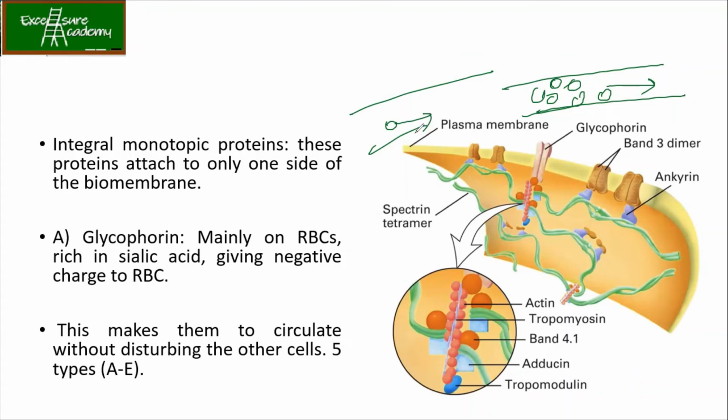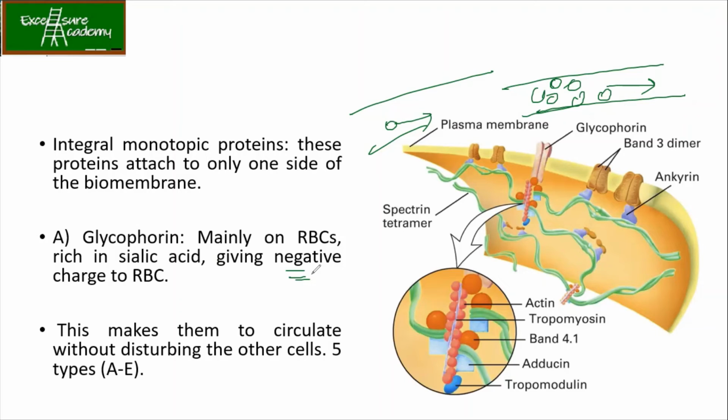If this negative charge was not there, then because of protein-protein interactions, the RBCs would interact with each other and form aggregates. Then the RBCs are not able to conduct their activity, right? वो एक जगह से दूसरी जगह नहीं जाएगा, वो ब्लड वेसल्स में एक ही जगह इकट्ठा हो जाएगा, एग्रीगेट बन के फॉर्म होके नीचे बैठ जाएगा. Are you getting the point?